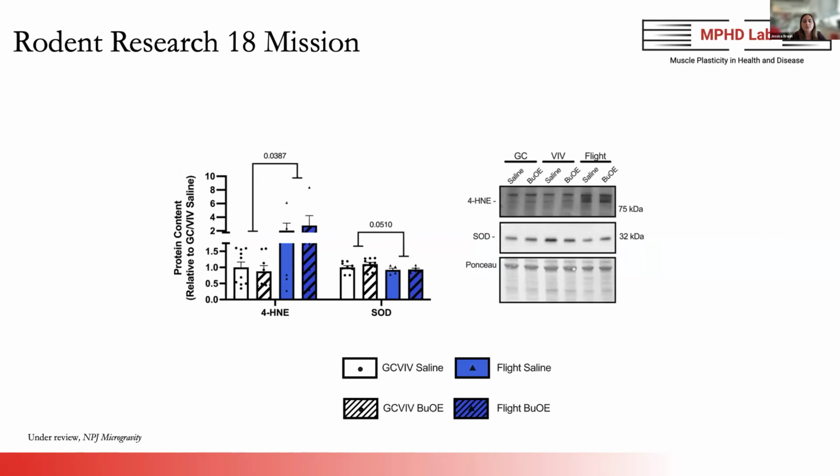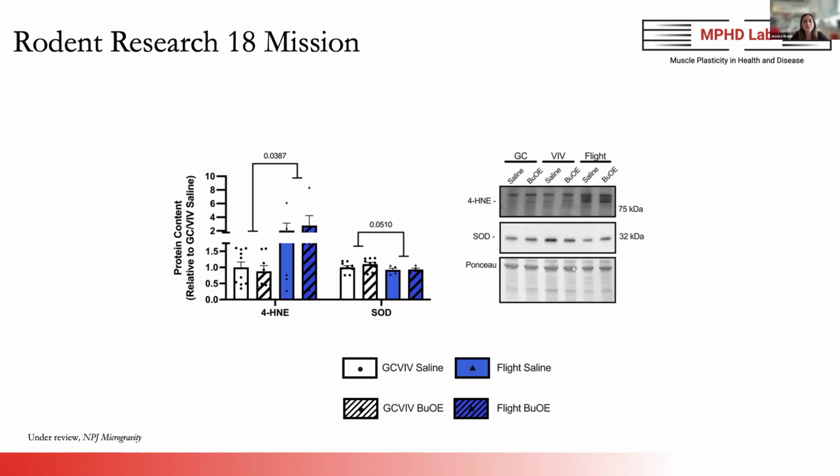So for consistency with previous work using the retinal tissue from these mice, we also investigated 4-HNE content, again, a marker of oxidative stress, and we found a main effect of flight increasing 4-HNE, and we actually didn't see an effect of BuOE in these samples.